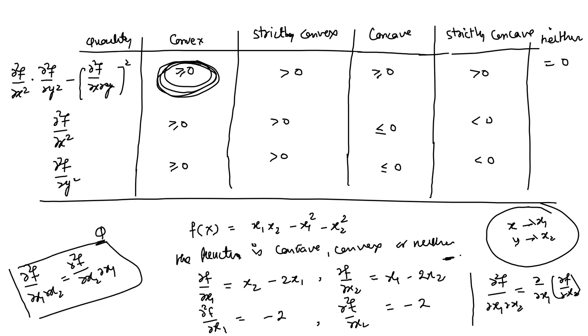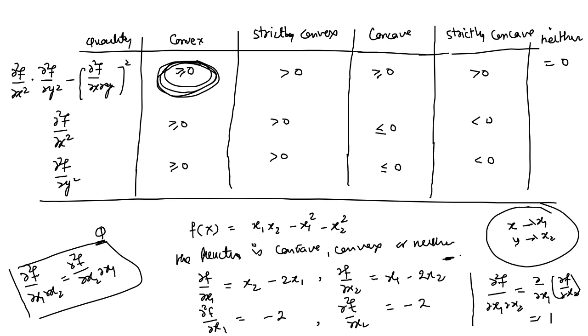So when we have del f upon del x2, we differentiate with respect to x1, and this gives us 1. So the value of del square f upon del x1 del x2 is 1.